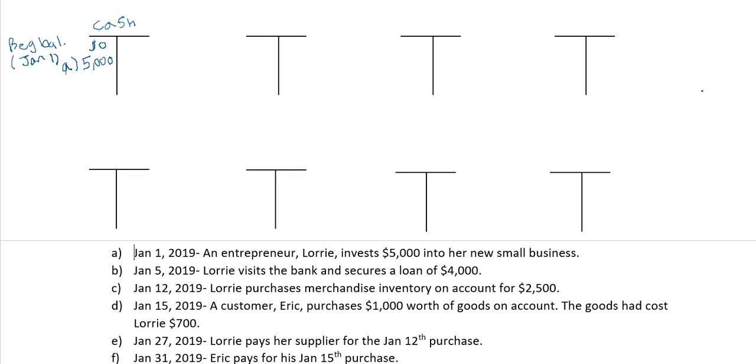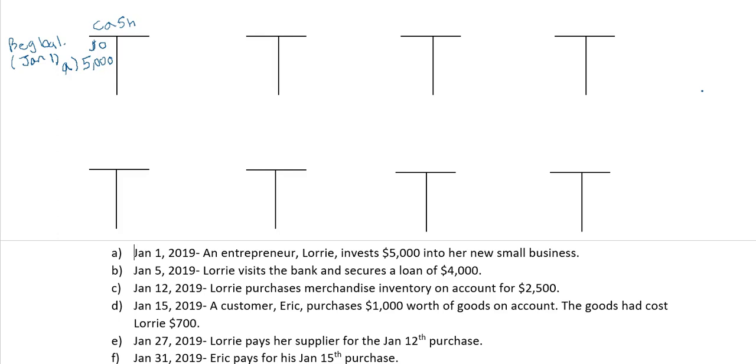What we need to do now is make the credit entry. As we discussed, an investment into a small business results in an increase in capital, and capital is essentially equity.